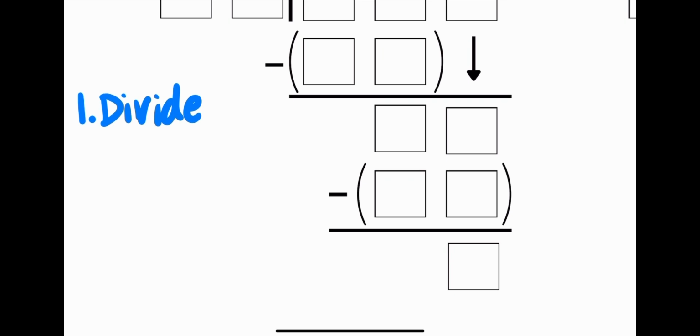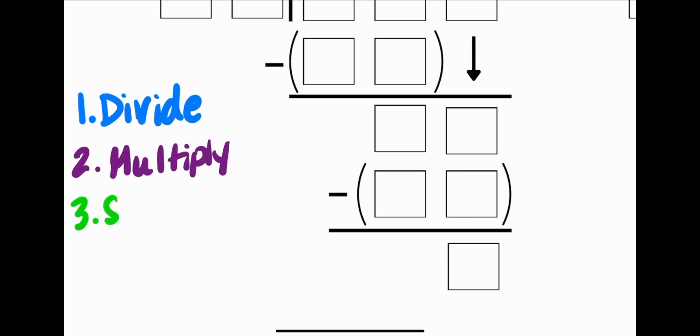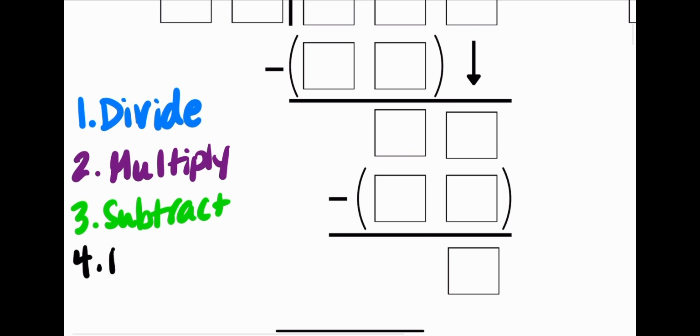So the first step we're going to be doing is we are going to divide. Then you are going to multiply. Then subtract. And last, bring down.